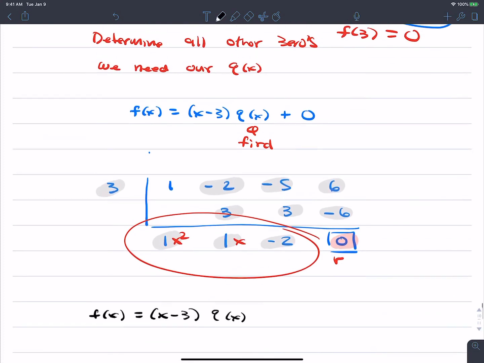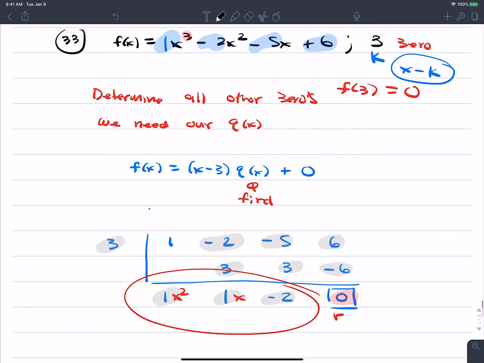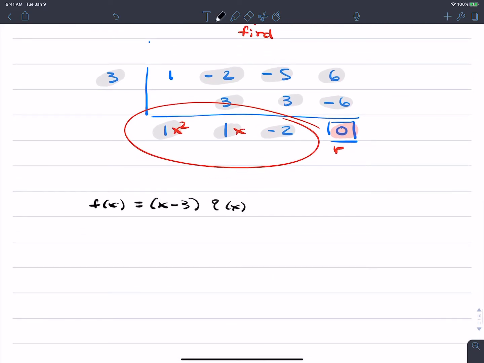Don't forget, we got the x minus 3 here. K is 3. So the factor here, if k is 3 here, is going to be x minus 3. So we got x minus 3 here times that q.